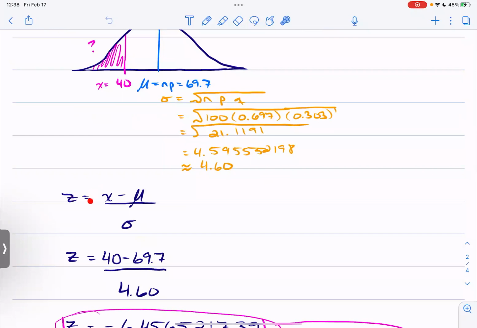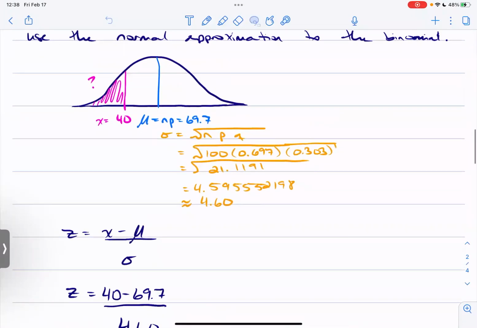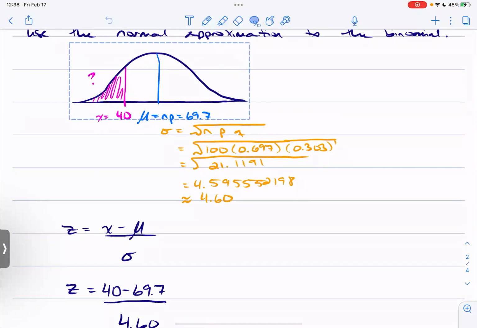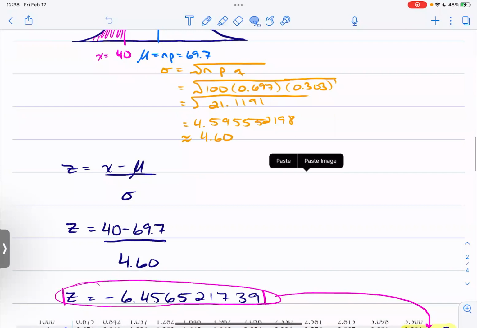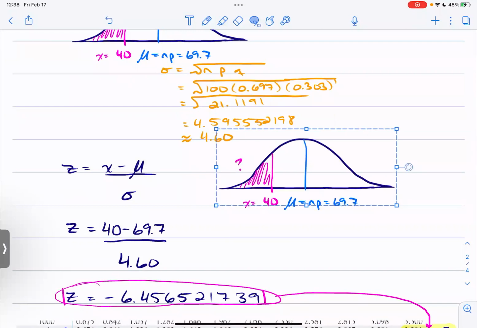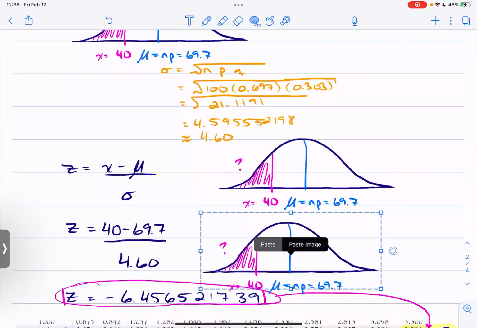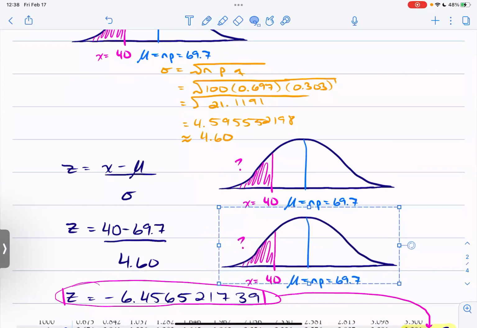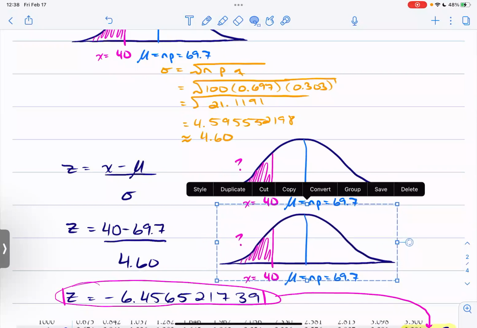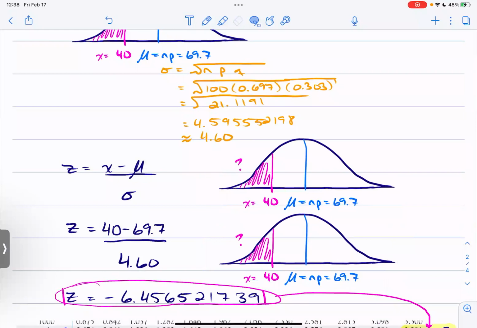When we calculate Z, basically what we do is we take this curve, copy, and I'll just keep it there and then paste another copy right underneath it. Okay.